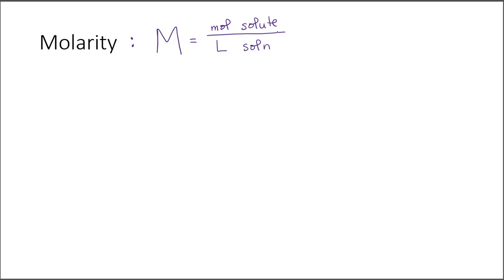And again, I'm being really, really specific and careful. Molarity is moles of solute, the stuff that's being dissolved, divided by liters of the entire solution. Again, just so you know, in case you're like, what's happening? SOLN is the abbreviation for solution. So moles of solute per liter of solution.